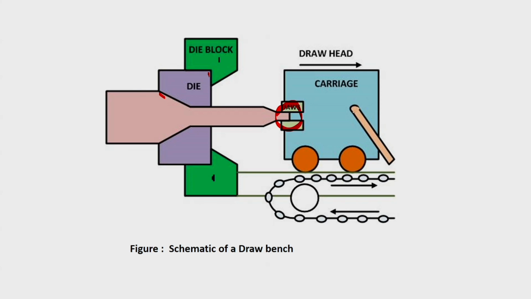It may be a simple motor mechanism. If it is coiling, it is very simple, or if it is a very large size where it cannot be coiled, then you have a carriage. Based on that you will choose. As it moves, the metal gets drawn through the die with a reduced diameter.